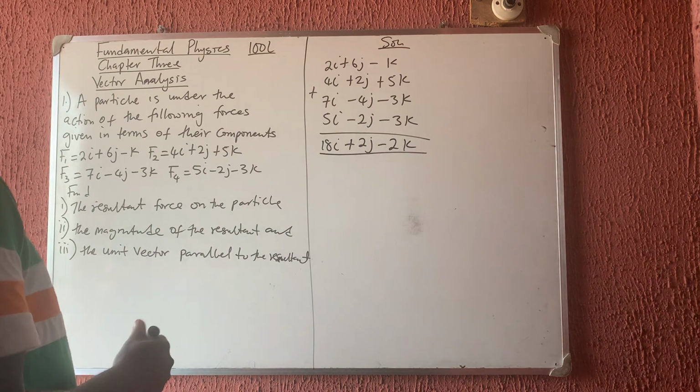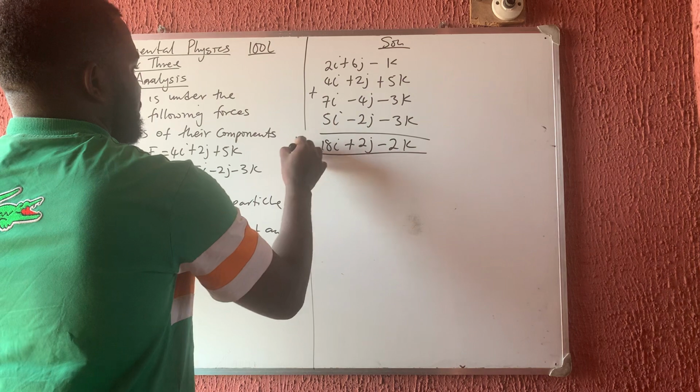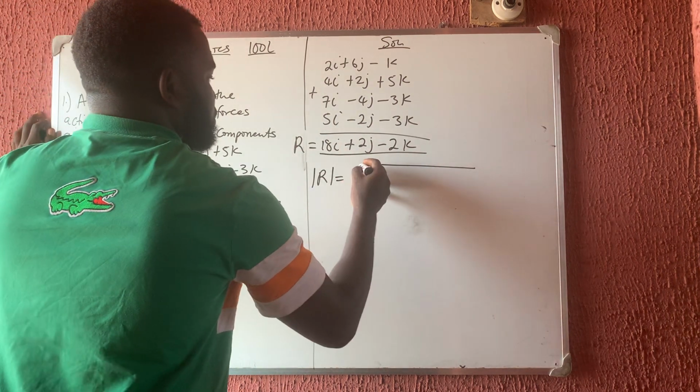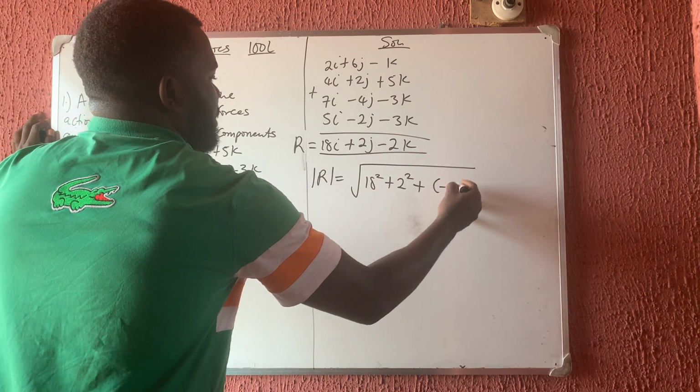The next thing they say we should calculate is the magnitude of the resultant force. So let me call this R. The magnitude of R is simply the square root of 18 squared plus 2 squared plus minus 2 squared.